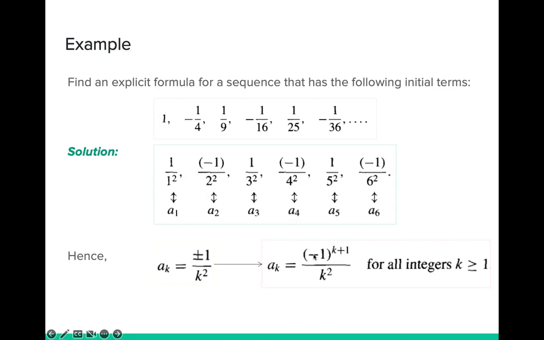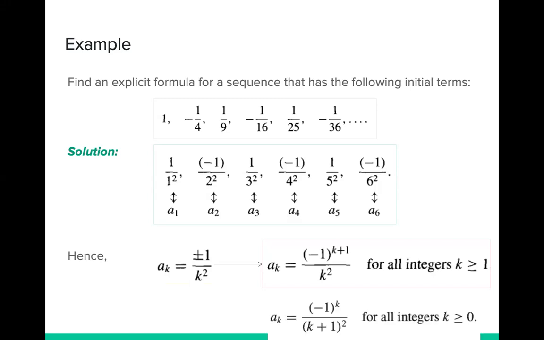Okay, so when k is odd, k plus 1 is even. And when k is even, k plus 1 is odd. So consequently, we have this formula that gives us the first correct term.